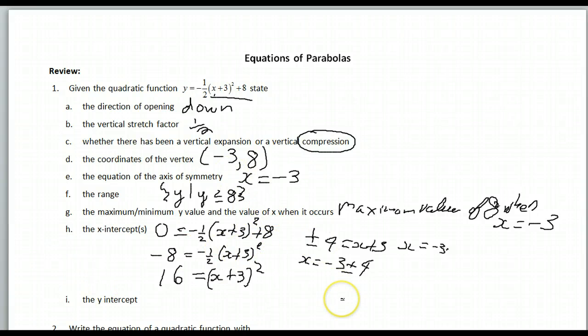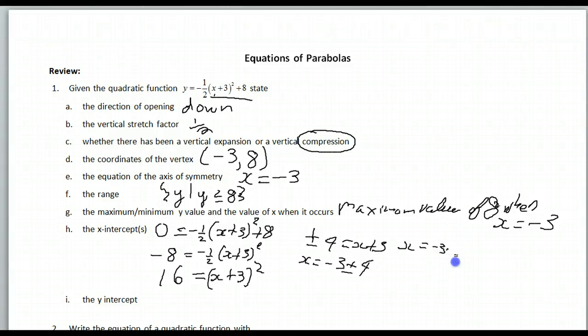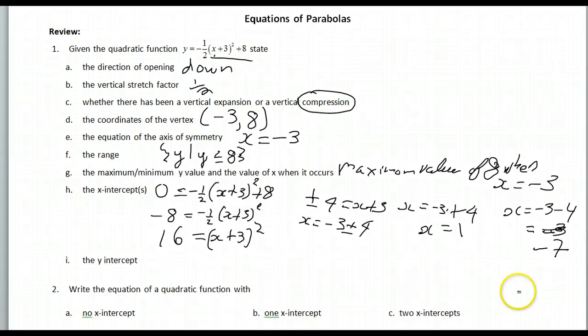I've lost my cursor. Okay, -3 plus 4 is 1, and -3 minus 4 is -7.